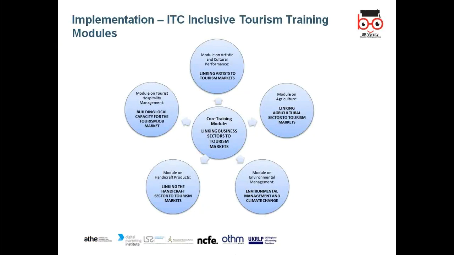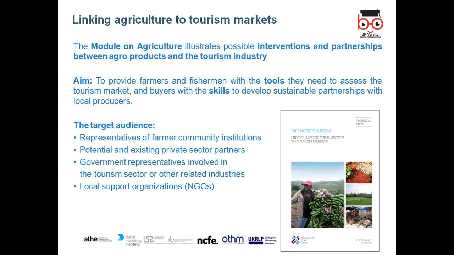Then implementation, international tourism, so we can look at different approaches, linkages: arts, agriculture, like we said earlier, trainings, different modules, environmental issues. Linking agriculture to the tourism market, so different local farmers can bring their produce.